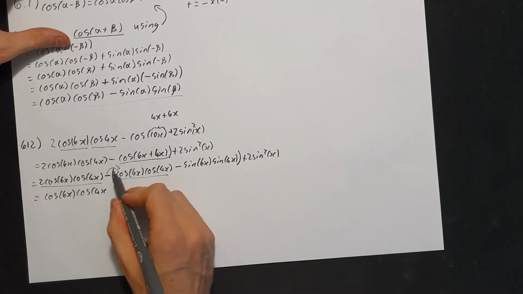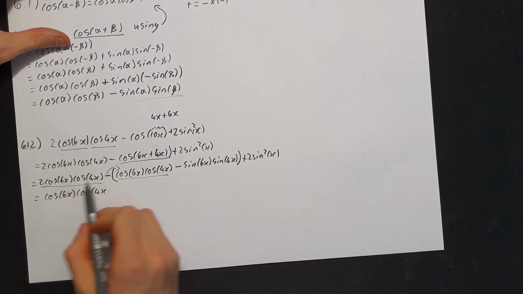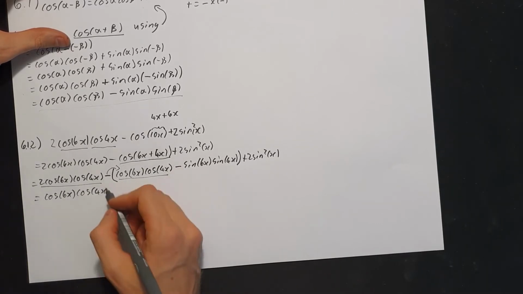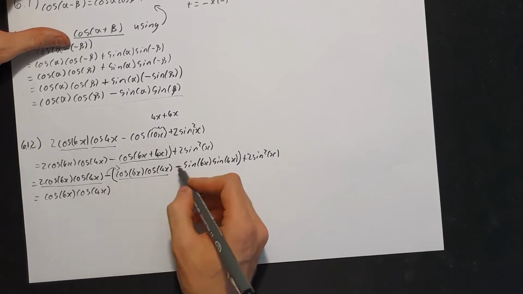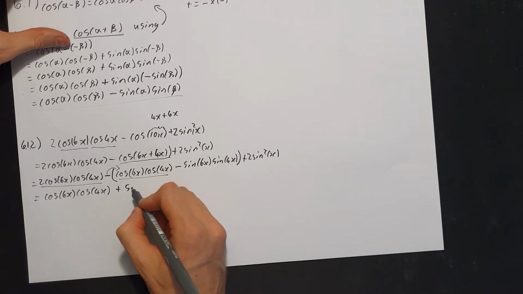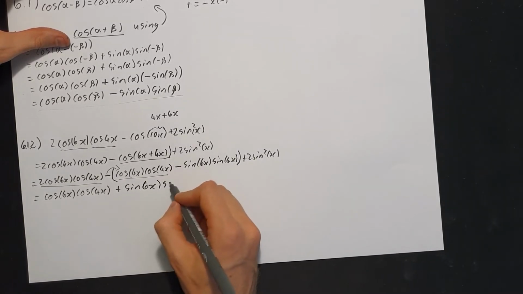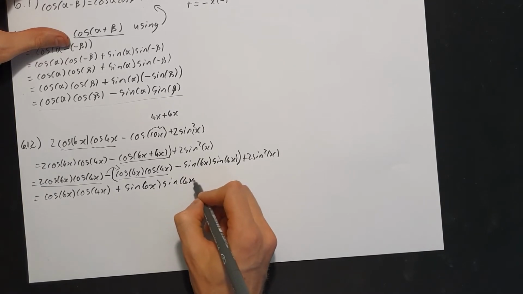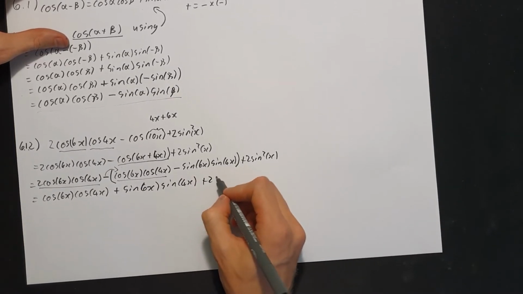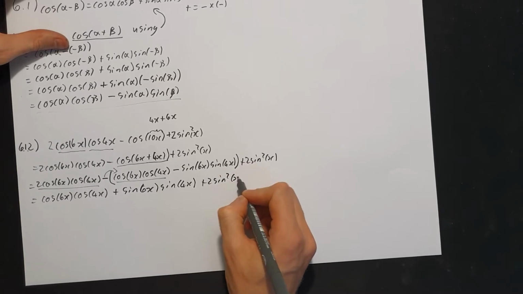Why? Because I have 1 apple over here and 2 apples, so 2 apples minus 1 apple gives me 1 apple. Then negative and negative becomes plus sine of 6x sine of 4x, plus 2 sine squared x.